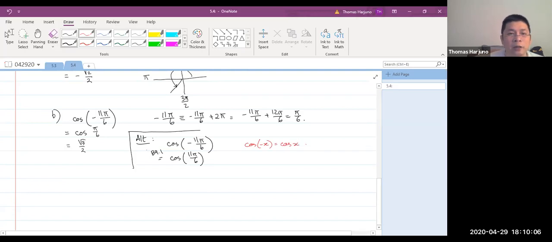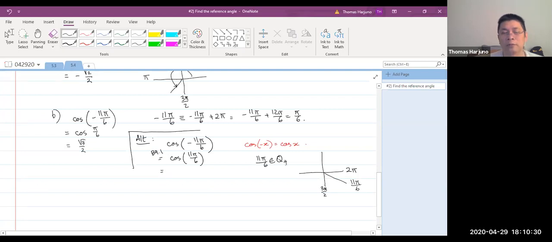Next, we need to categorize which quadrant this 11 pi over 6 is located in. It's definitely more than 1.5 pi, but less than 2 pi. So from there we see it is actually in quadrant 4. The reference angle is 2 pi minus 11 pi over 6.